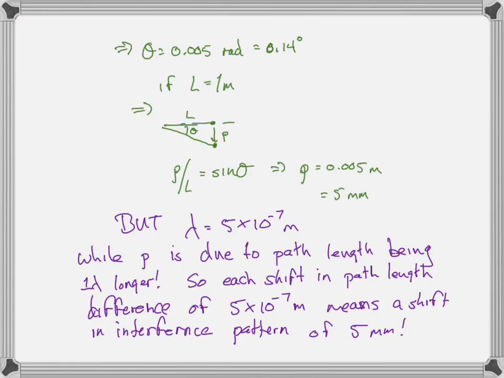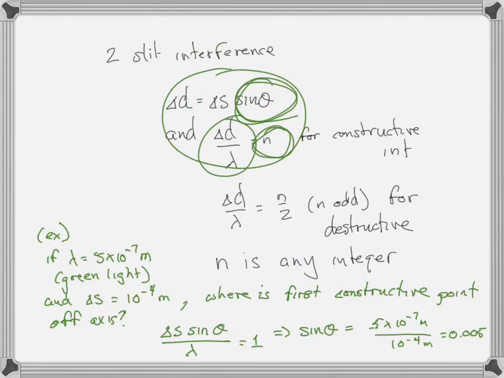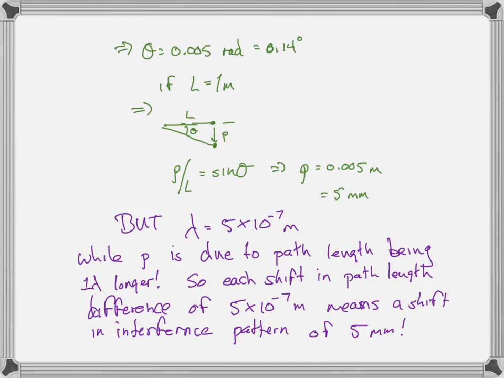So here's the key. I've written it down already, but I'm going to explain it. In this case we had a path length difference of just one wavelength. A path length difference of one wavelength created an interference point 5 millimeters down the screen. An additional shift of one more wavelength means an additional shift of 5 millimeters down the screen.